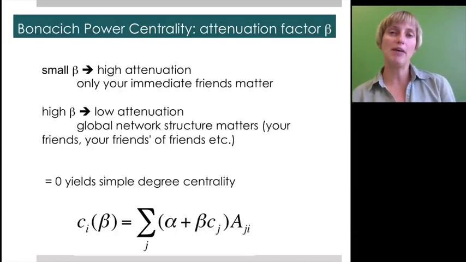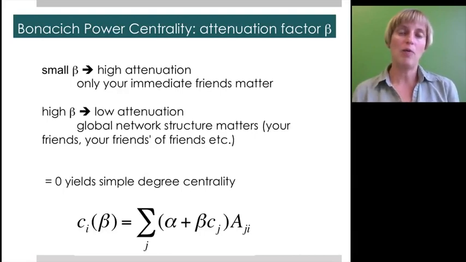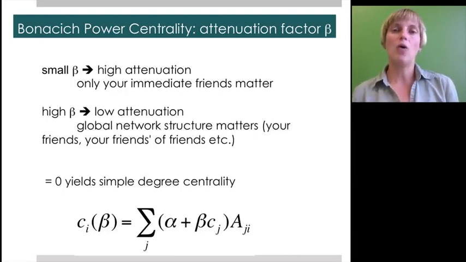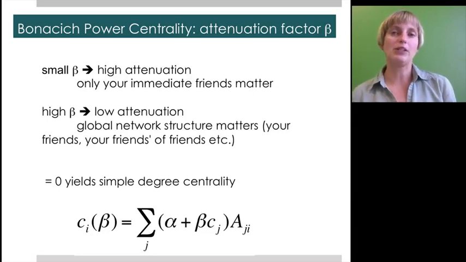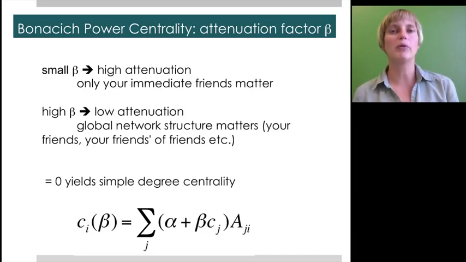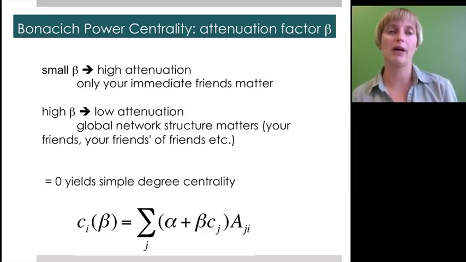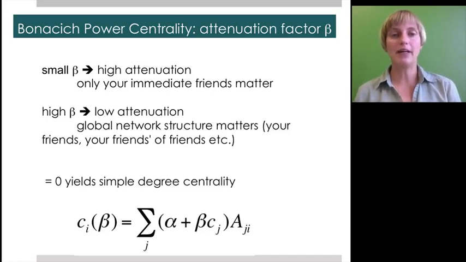If you have small beta, beta close to 0, only your immediate friends are going to matter. So it's going to be how many friends you have as opposed to how important they are, because their importance is derived from the structure of the wider network. If you have high beta, you're going to have low attenuation, meaning that all of those multiple steps are going to be quite important.